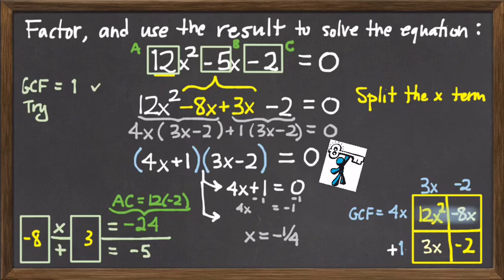And then the other one is gotten by solving the other factor, 3x minus 2 equals 0. Same set of steps. We're going to add 2 to both sides to get 3x equals 2, and then divide by 3, so that x is equal to 2/3.